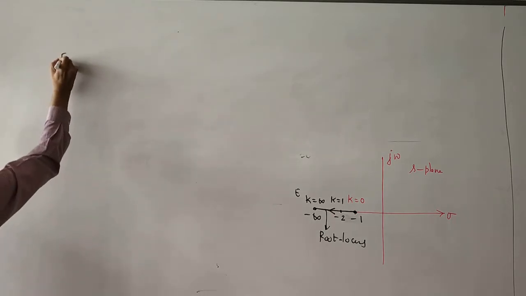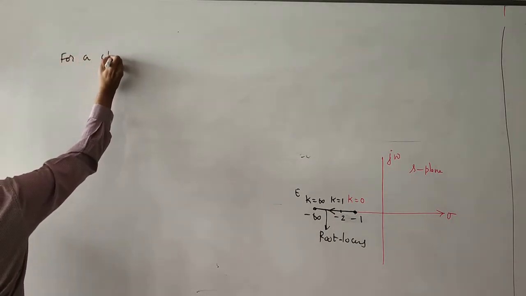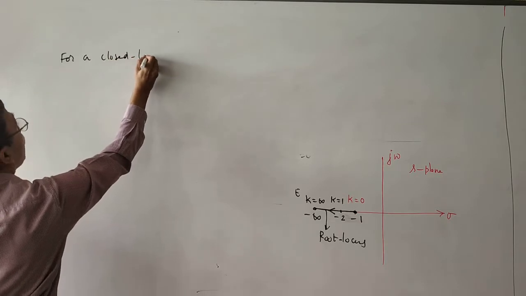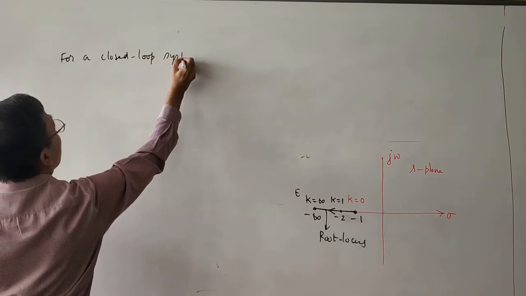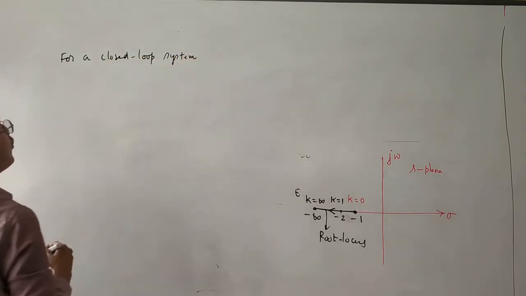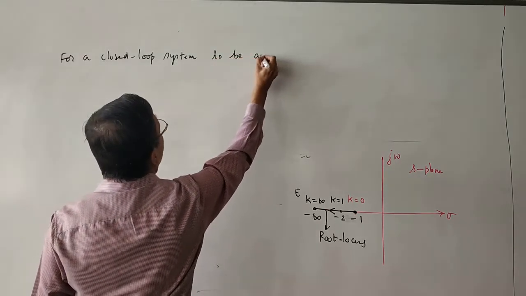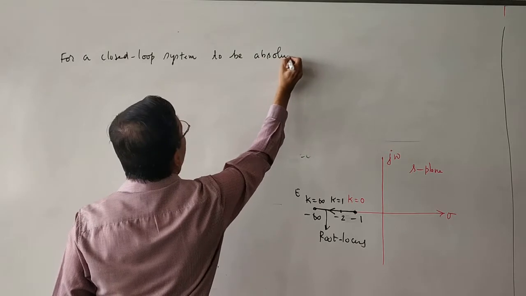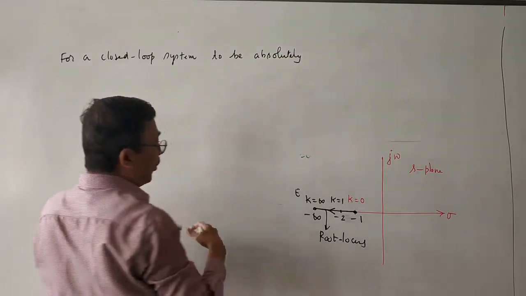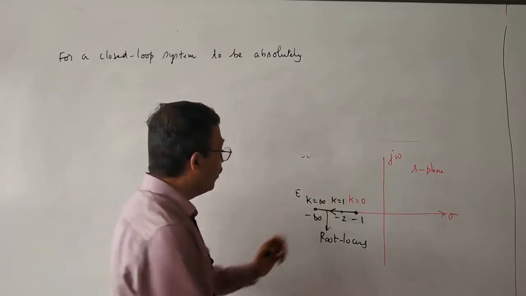For a closed loop system, which means negative feedback system, to be absolutely stable: absolutely stable means system is stable for values of k from 0 to infinity.